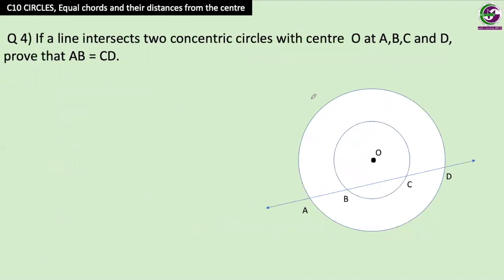Moving on to question 4. If a line intersects two concentric circles, concentric circles means two or more circles that have the same center, with center O, at A, B, C, and D. So the line is meeting or intersecting the two circles at the points A, B, C, and D. We have to prove that AB is equal to CD.